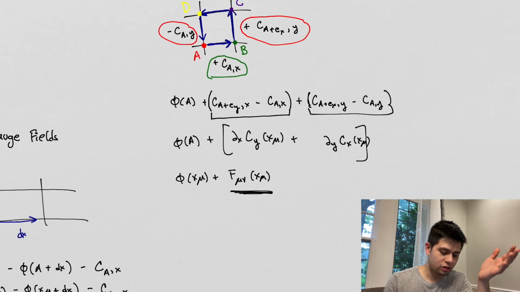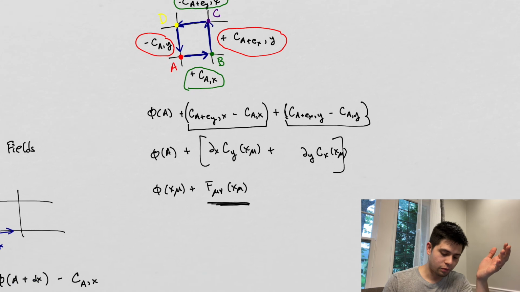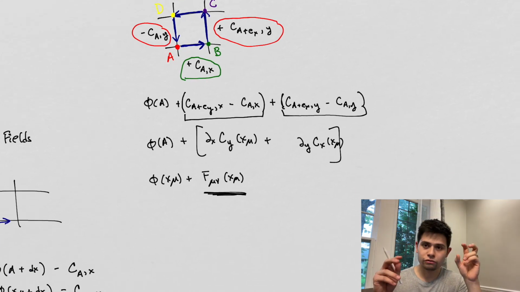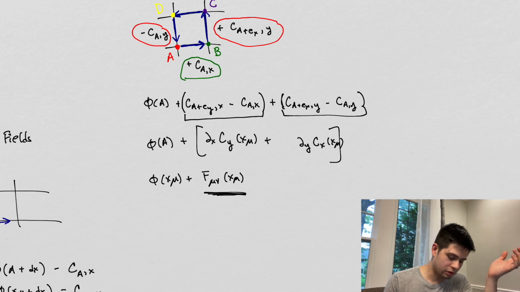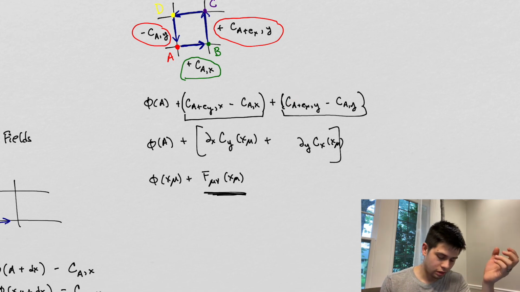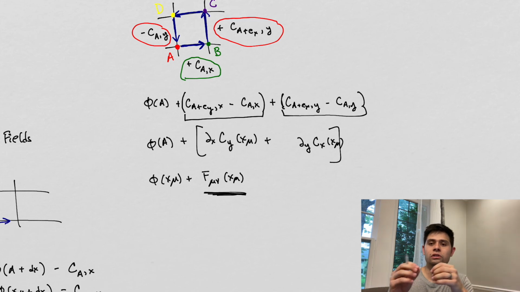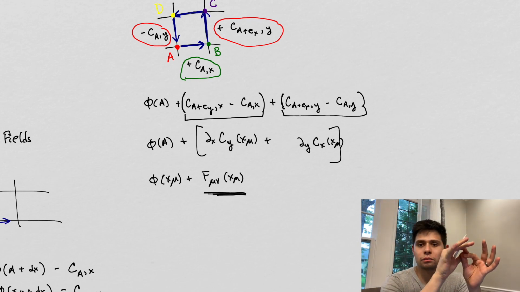And this all hinges on the fact that we relied on these glue fields, these objects right here, these C's, these coordinate system changes. And so that's what this is. This thing takes into account all the coordinate system changes as you go from one point and come back to that point within your manifold.